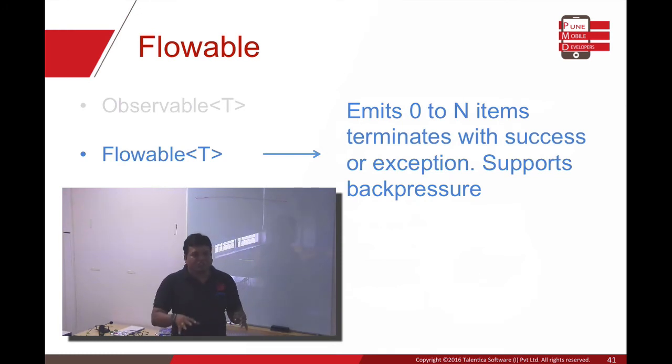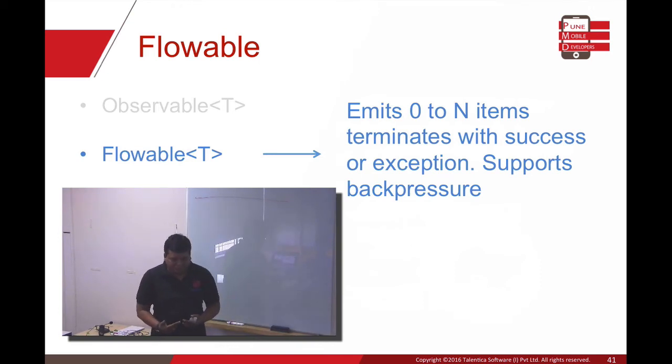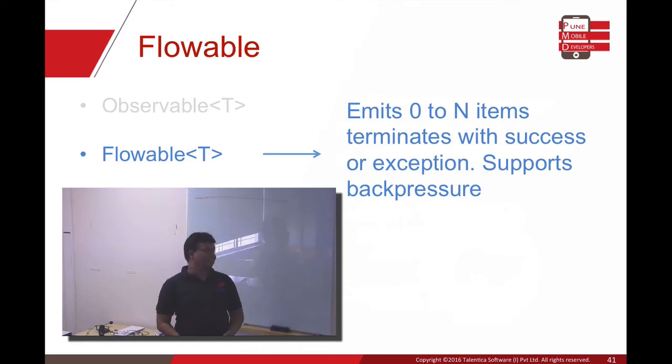So there is a lot going on here. If your subscriber is not able to handle the data as fast as the source is emitting it, back pressure helps there. It will not actually solve the issue, but it will defer the processing of some data to some point of time where it's actually suitable.